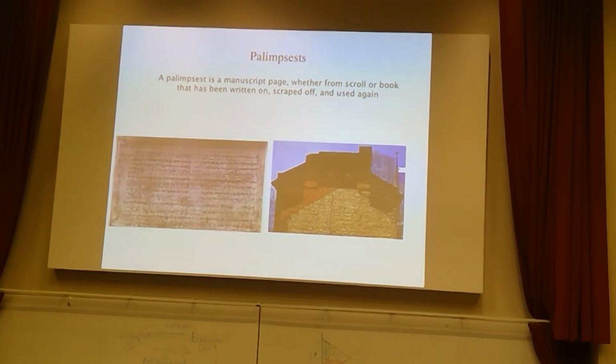You can't just go over to Staples and buy a new ream. So when you had something like a piece of sheepskin that you were drawing on, and you thought, no, I want to write something new, sometimes you wouldn't have a nice blank piece of sheepskin lying around, and so you would go to your previous text and you would just scrape it off, try to remove all the ink, and reuse it, and write something else on it.